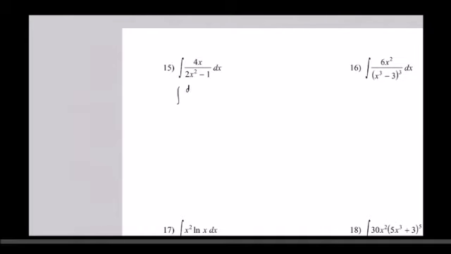This is just du over u, which is the natural log of u. So we've got the natural log of 2x squared minus 1 plus c. Oh good, thank you, an easy one. You're welcome.